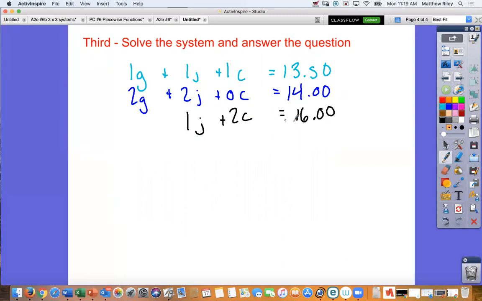All right, so here's the system. We did this just yesterday in class. If I'm looking at this, this last equation already has 0 G's, so I can easily cancel out my G's with the first two equations. My first one would be 1J plus 2C equals 16. With these first two equations, I can cancel out my G's, so I'm going to drag these two down.